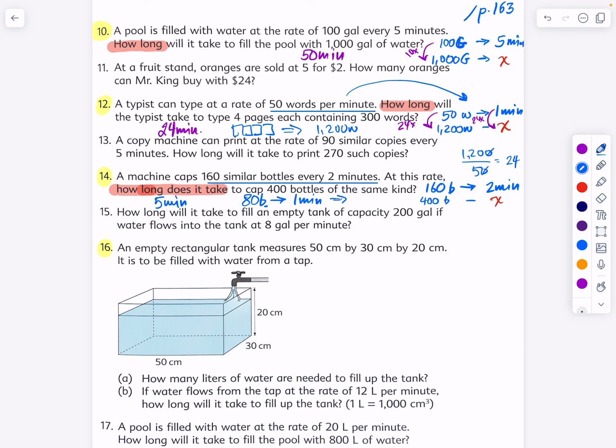So we just say 80 to 400 is 5 times, and therefore 5 times as many bottles, it takes 5 times as long, so it will be 5 minutes.